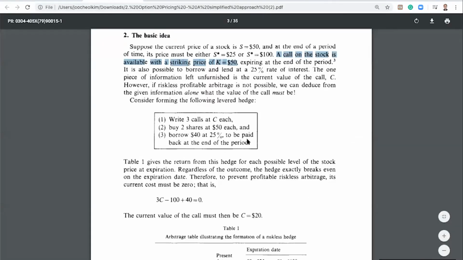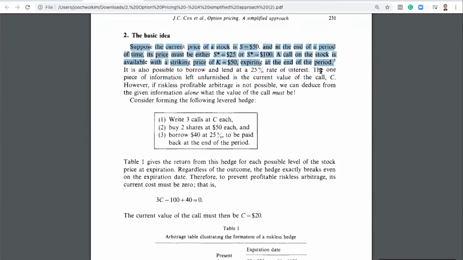Now go back to the paper again. The first sentence is talking about the game of a stock, and the second sentence says there is a call option whose underlying asset is the mentioned stock price.